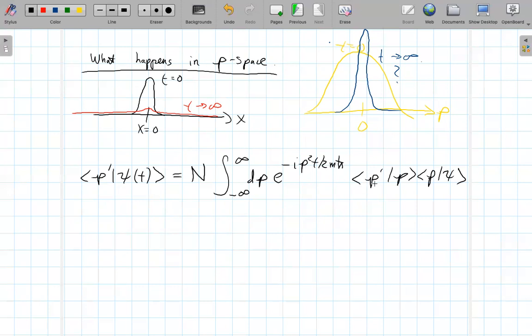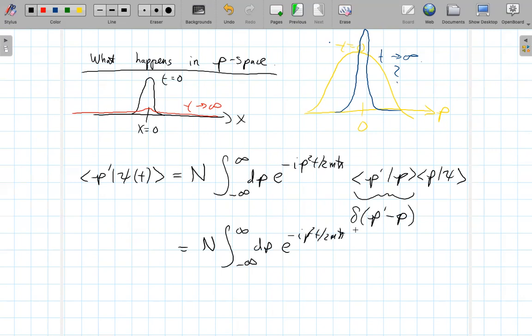What's the inner product between p prime and p? That's a Dirac delta. So this is the Dirac delta between p and p prime, which means this is equal to n times the integral from minus infinity to infinity of dp e to the minus i p squared t divided by 2mħ, Dirac delta of p prime minus p, times psi of p.